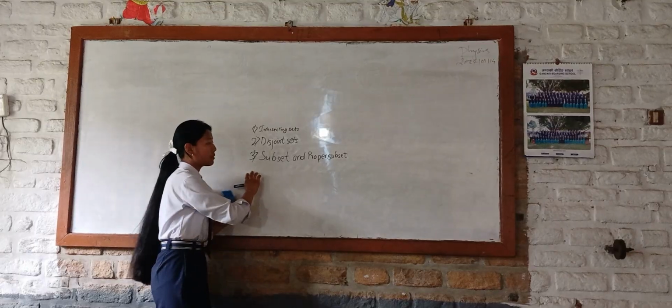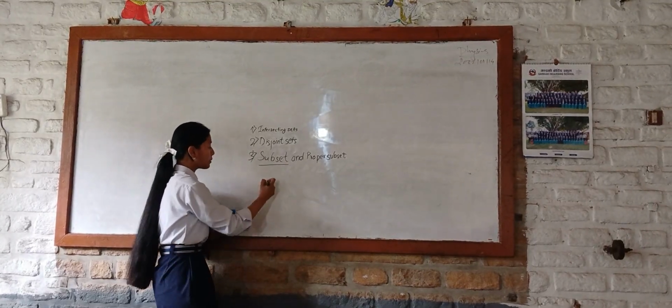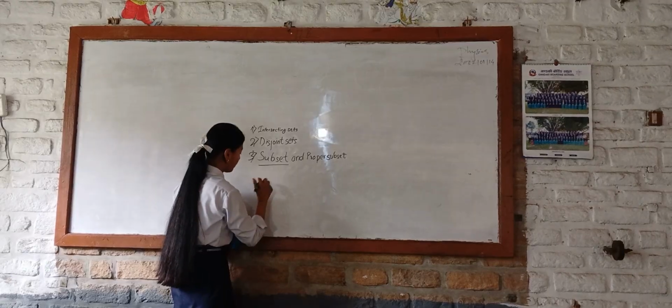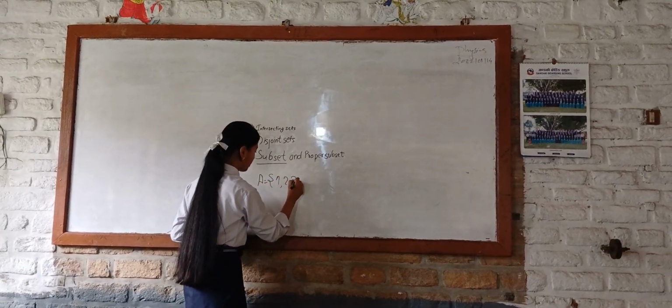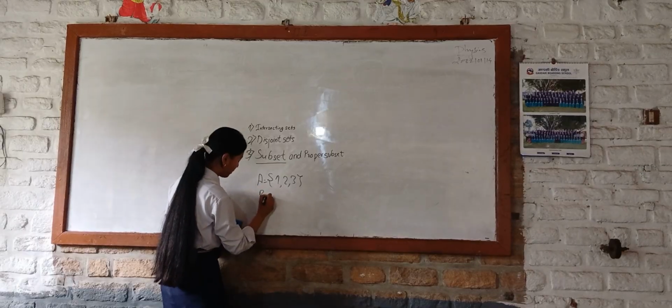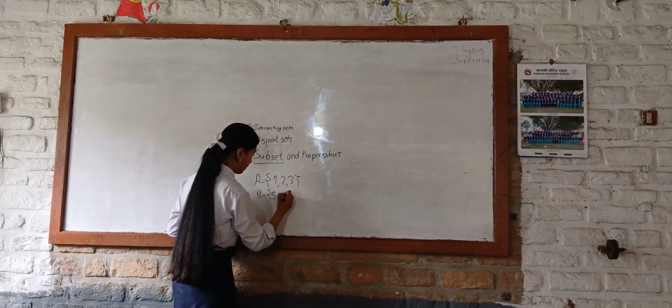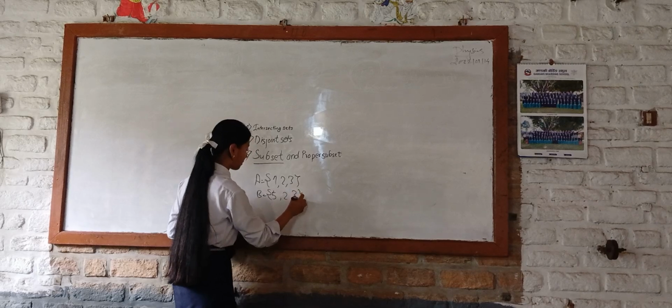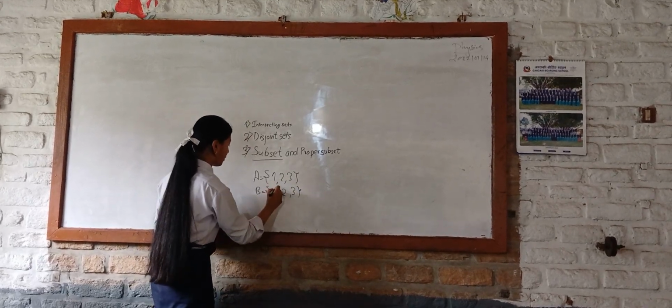And the next is subset and proper subset. A subset means that the elements of set A are also in set B, like 1, 2, 3.